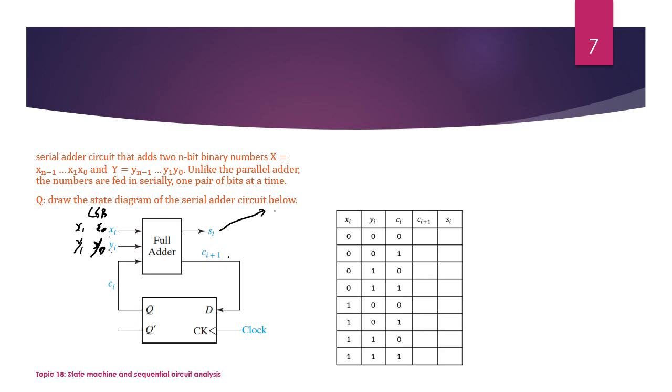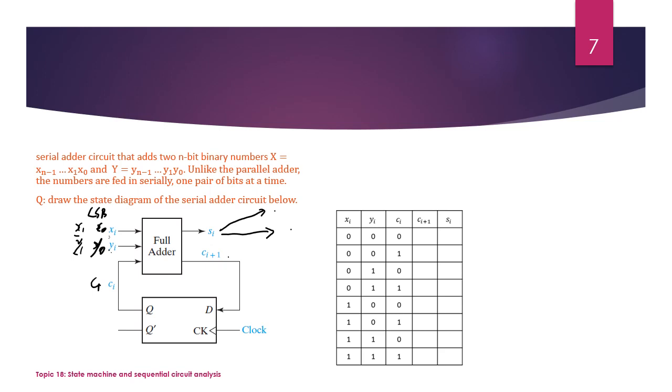The carry bit will also be updated using this D flip-flop when the clock edge comes. Then this full adder will add the next bit with the carry input, and the next sum bit will be saved again. This process continues until the final result is obtained.